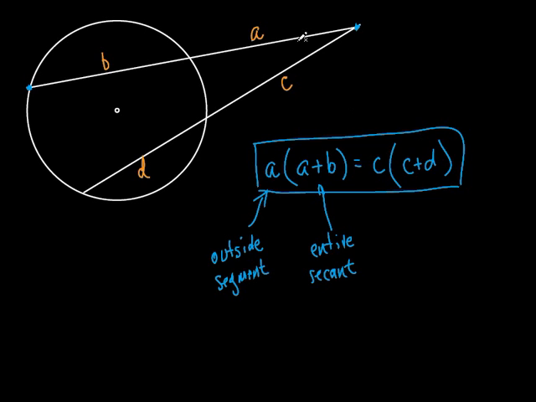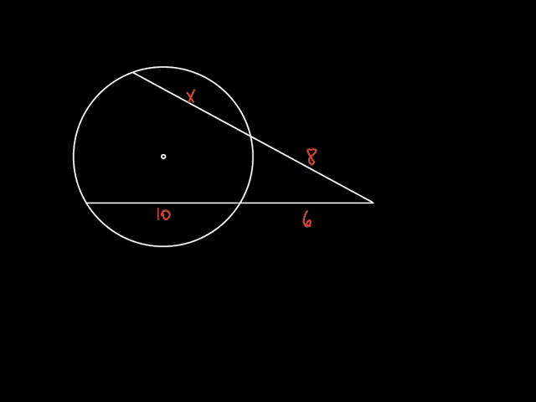That's how I remember it, and that's how I usually teach it. So if you take the outside segment, multiply it by the whole entire secant, that's going to equal the outside segment times this whole entire secant. And then you can solve for whatever you want to solve for. It's a little easier when you see it as an example. So let's do an example and see how this thing actually works.